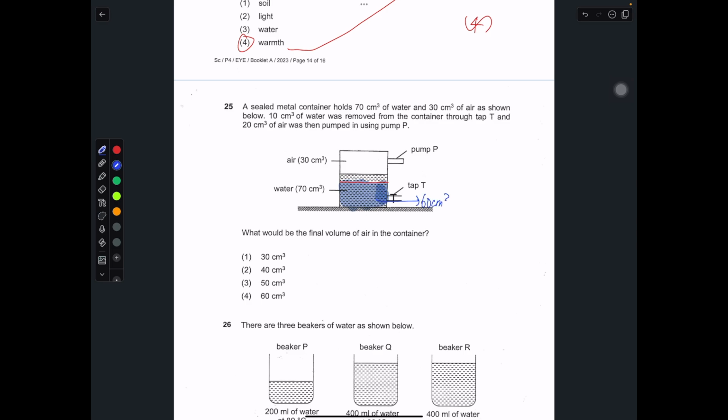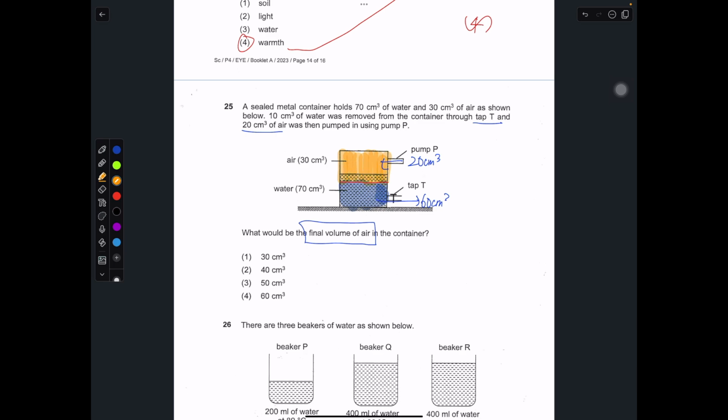And from the container, through tap T, 20 centimeter cube of air was pumped in. So you ask yourself, what is the remaining space in the container? That will be your final volume of air. The remaining space in the container will be this.